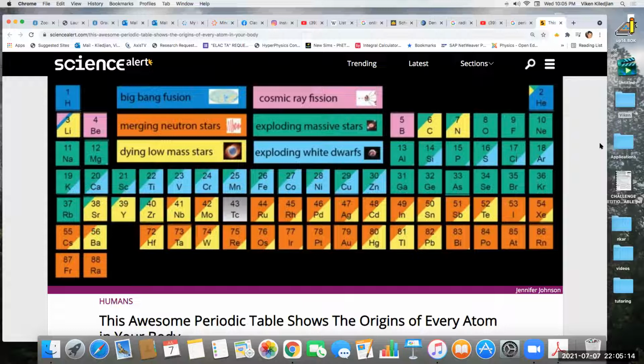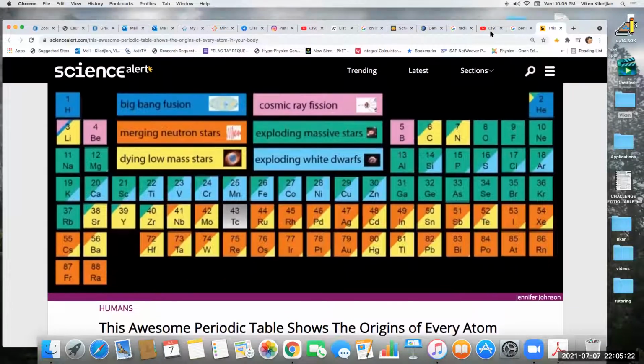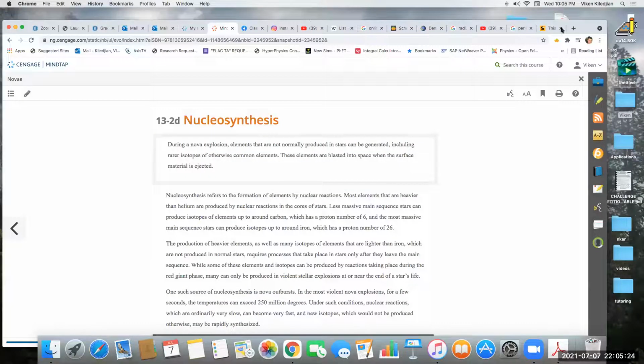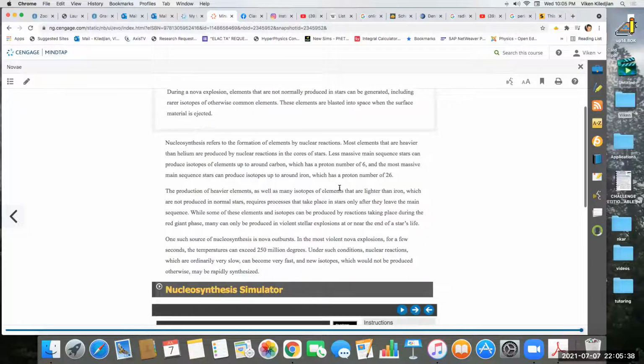Okay, so let's now go back. So nucleosynthesis refers to the formation of elements by nuclear reactions. Most elements that are heavier than helium are produced by nuclear reactions in the cores of stars. Well, that's what I was saying earlier.